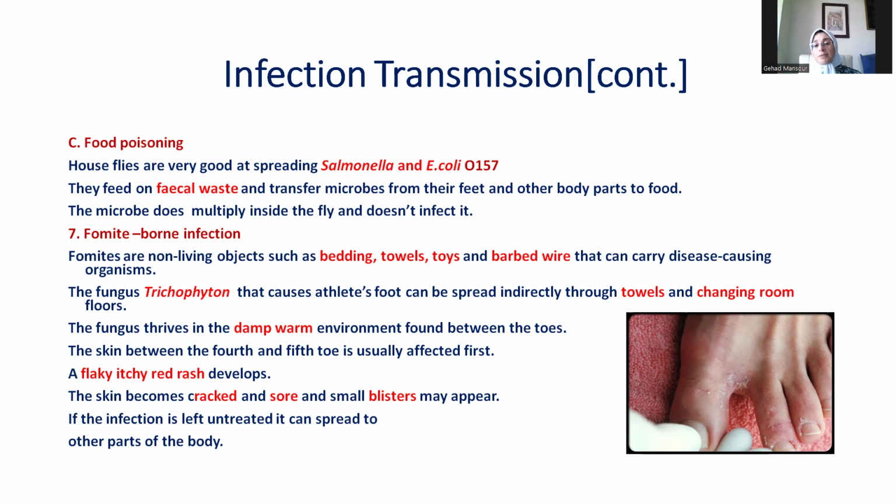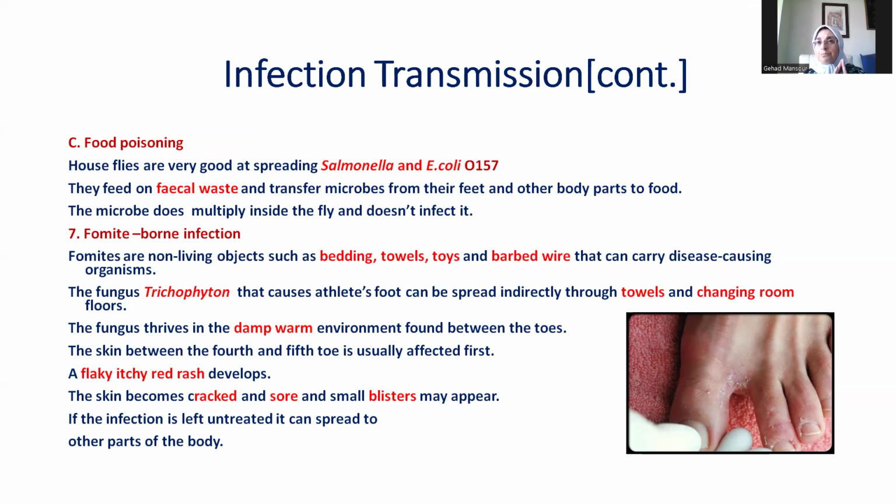Fomite-borne infection is infection transmitted via fomites. What are fomites? Fomites are non-living objects that can transfer infection, that might carry disease-causing organisms. In such a case, we cannot say that those pathogens form a biofilm because fomites are usually dry.